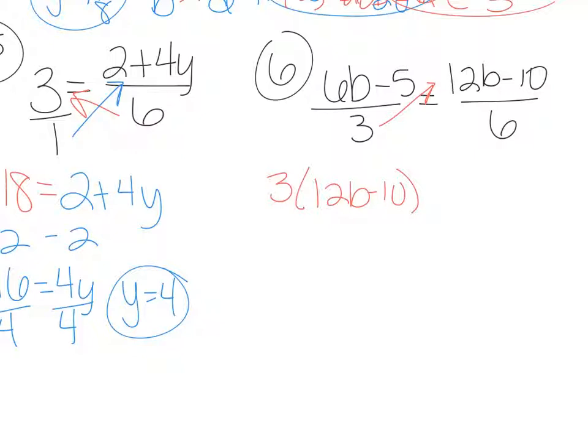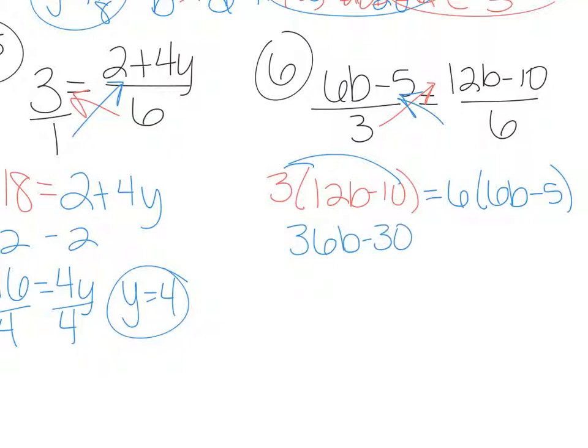And then my other cross product, once again using parentheses, I'm going to take 6 times the quantity 6b minus 5. So I have 2 things that I have to distribute here. I have to distribute the 3, and I get 36b minus 30. And then I have to distribute the 6, and I get 36b minus 30.